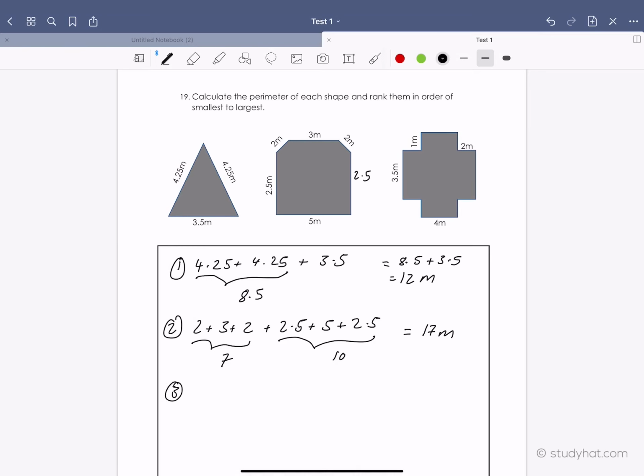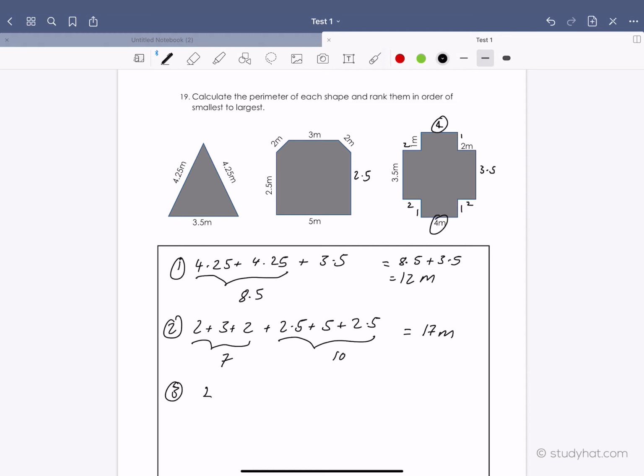For the third one, we've got quite a lot of extra sides to label. This will be 4, 1, 2, 3.5, 2, 1, 1, 2, 0.5, 2, 1. Okay, so an easy way to do this, we can see it's symmetrical. So each number is there twice, you see, the 4 and the 4. So if we just go around once and then times it by 2.